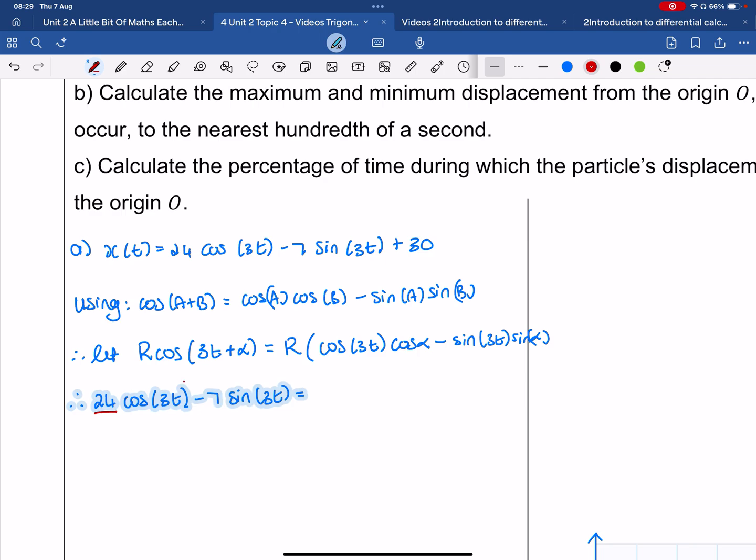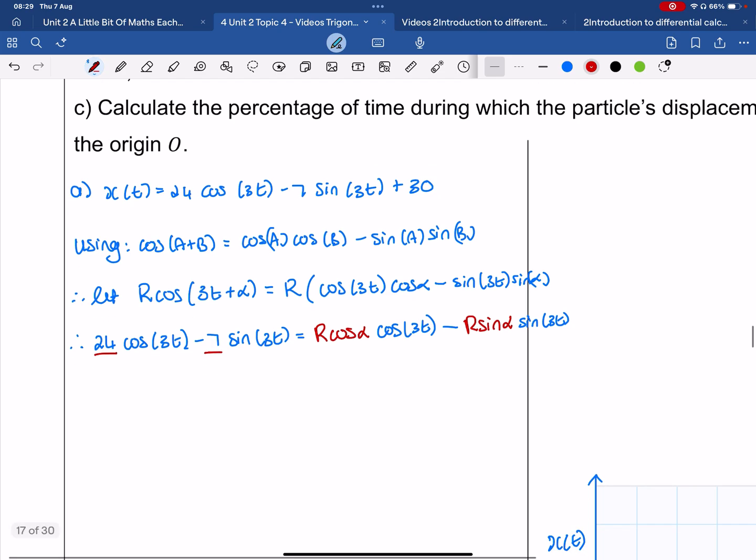24, I want my cos of 3t as my variable. So I'm going to have r cos alpha times cos of 3t. And then I want my sine of 3t as my variable. So I'm going to have minus r sine alpha times sine of 3t, and that's going to be equated to my negative 7.